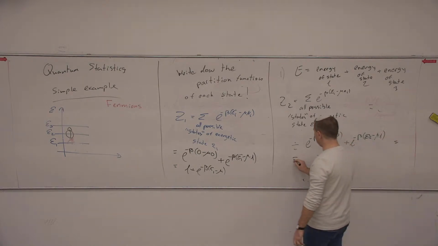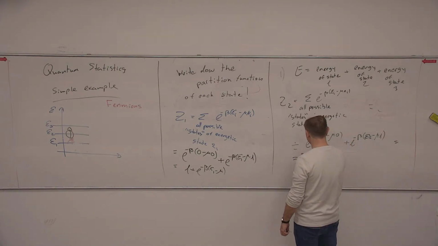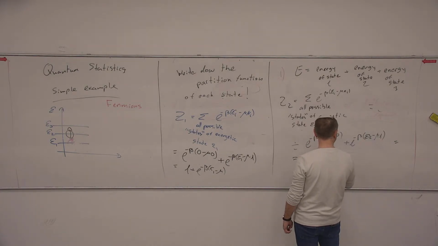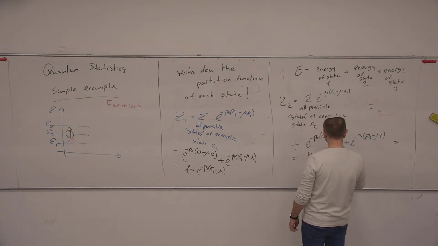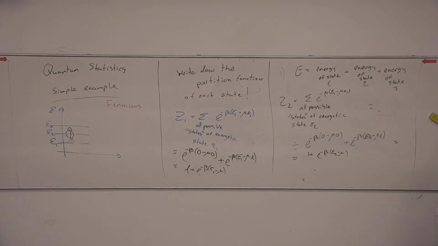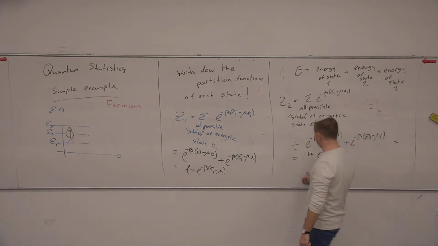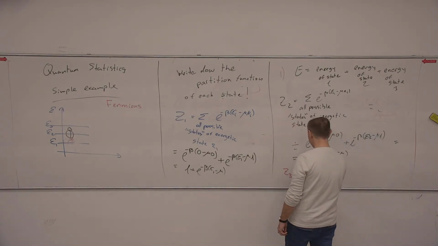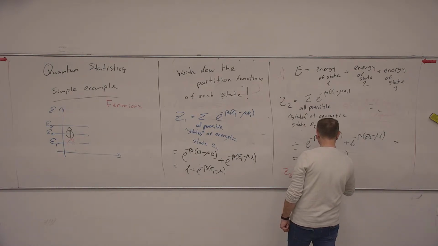So Z2 equals 1 plus e to the power minus beta epsilon 2 minus mu. By the same arguments, Z3 equals 1 plus e to the power minus beta epsilon 3 minus mu.